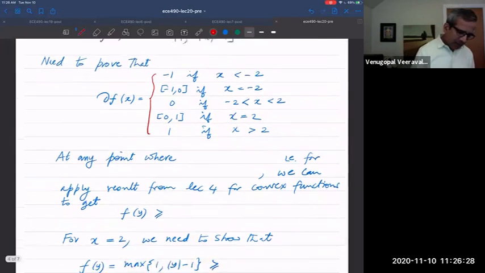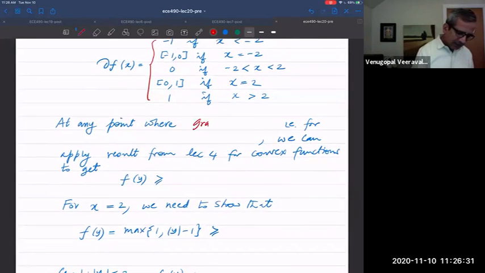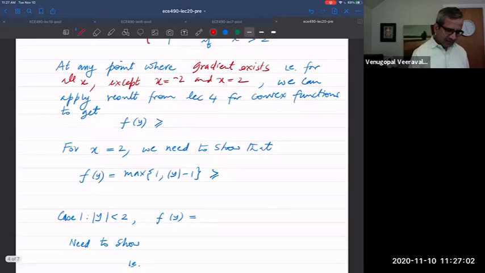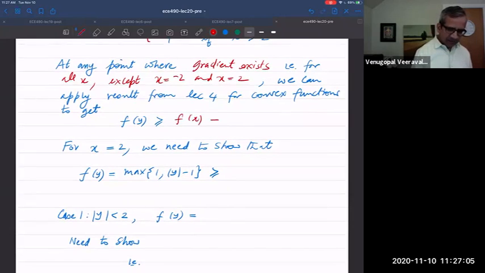Now, of course, at any point where the gradient exists, so basically for all x except for x equal to -2 and x equal to +2, we can apply the result from lecture 4 for convex functions, and we know that since the function is convex, this holds.